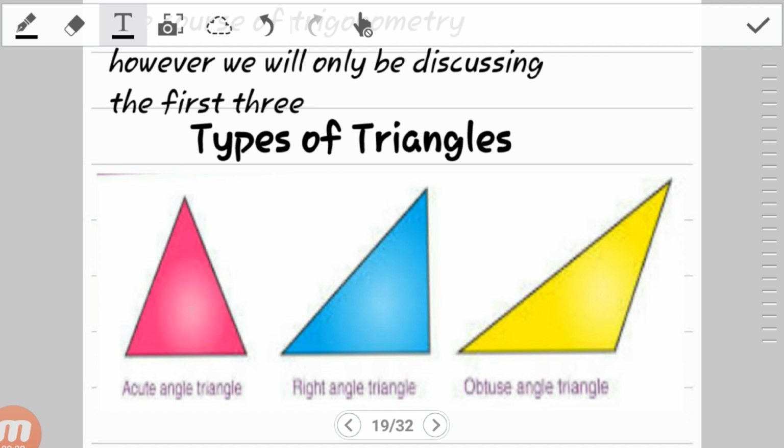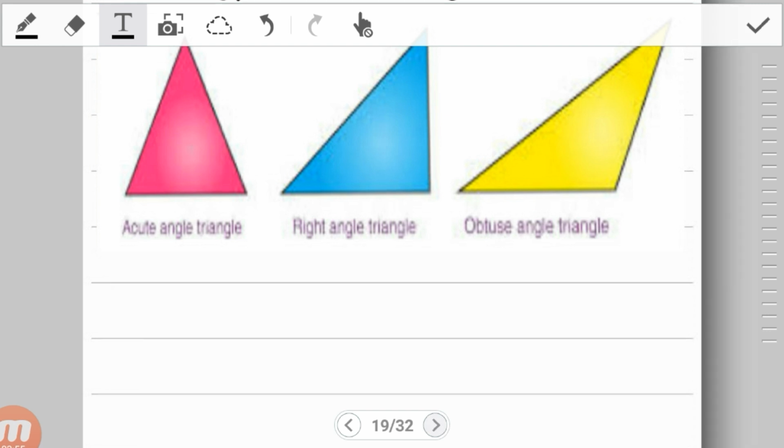We have the isosceles triangle, the scalene triangle, the equilateral triangle, and the one we're actually looking at right now is the right angled triangle. So that's our primary focus.